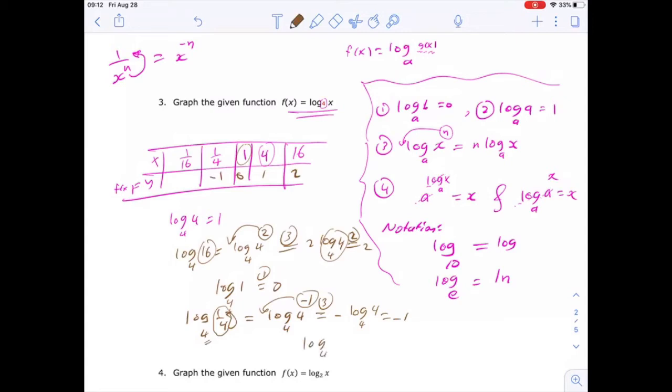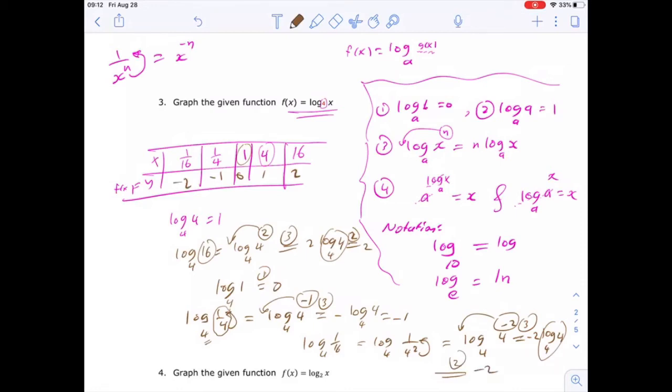Now what about the last one, log base 4 of 1 over 16? We can write it as log base 4 of 1 over 4 squared, because 16 is 4 squared. Then we bring it up, we get 4 to negative 2. Then we bring the power in front of the log, using property 3, and now using property 2, log base 4 of 4 is 1, so we get negative 2.